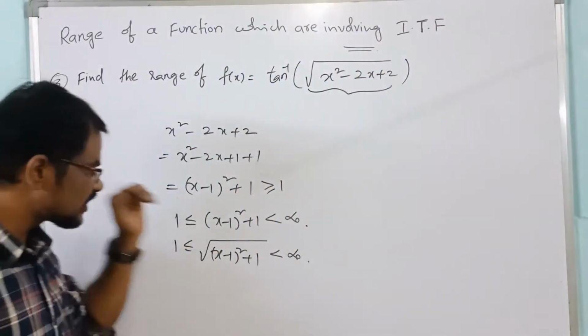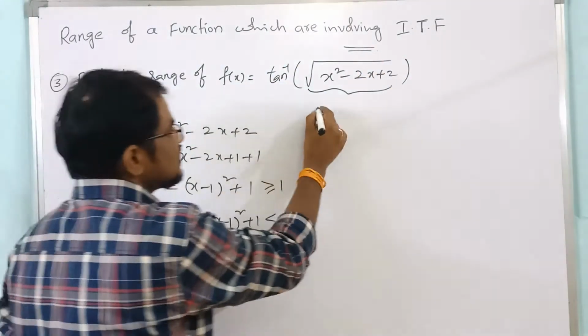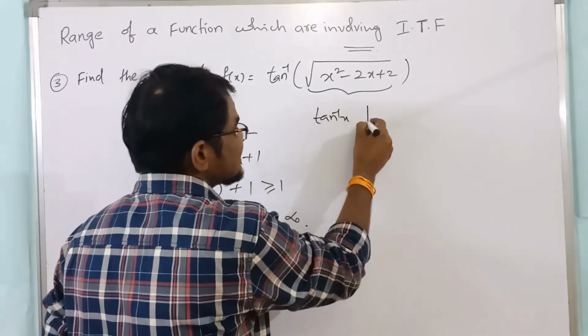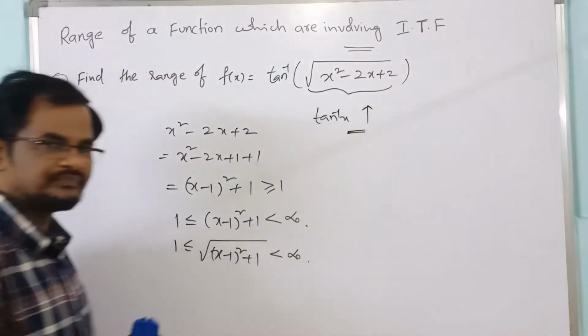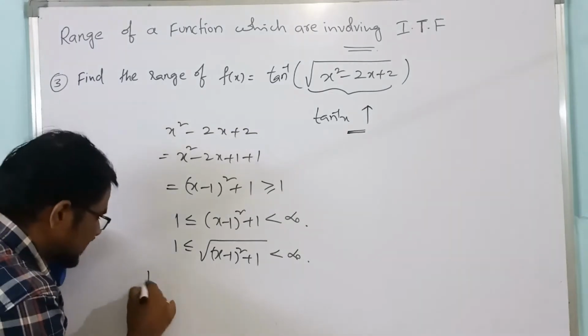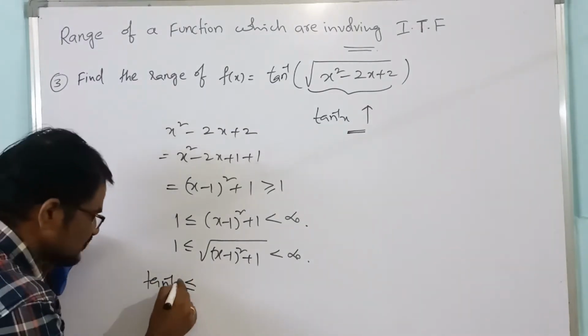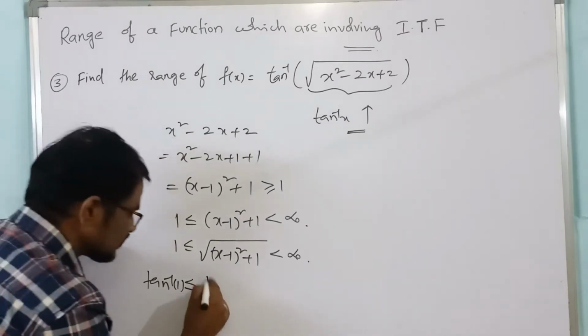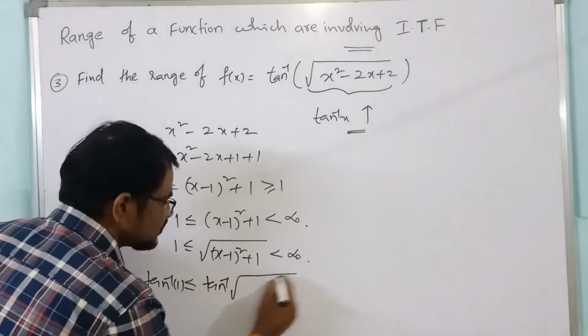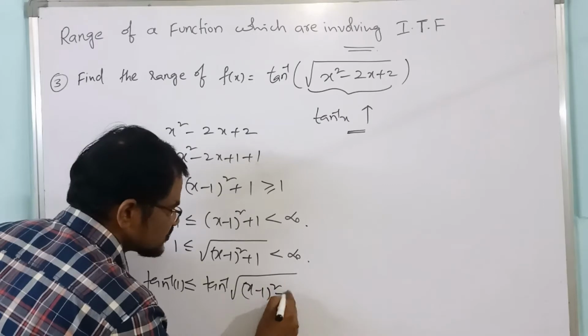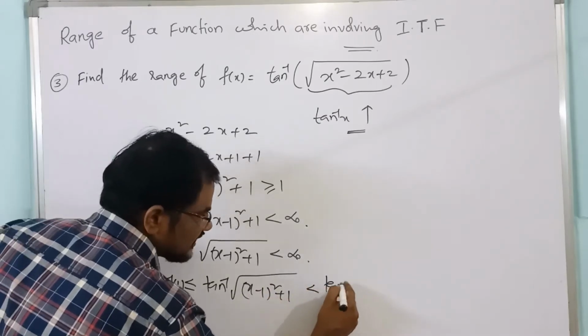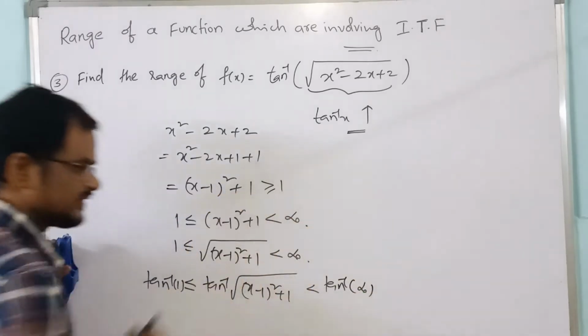So for this we have to apply tan inverse. The tan inverse x function is an increasing function, right? So if you apply that function, this inequality does not change. So tan inverse of 1 less than or equal to tan inverse of root of x minus 1 whole square plus 1 less than tan inverse of infinity.